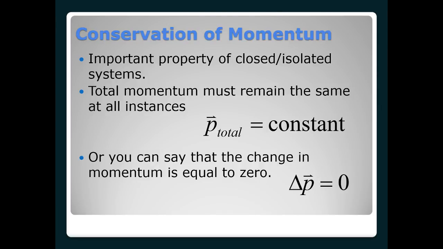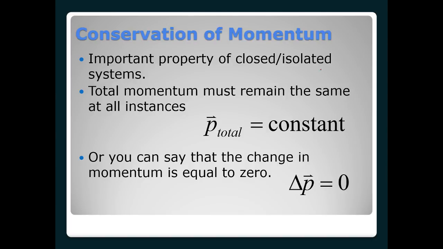This is quite important in a lot of collision analysis, and we use this in things ranging from motor vehicle accident analysis to even nuclear physics. When we break apart atoms, we use conservation of momentum.